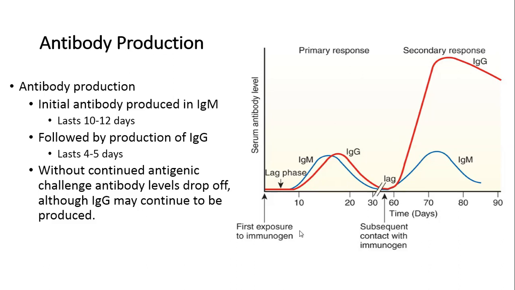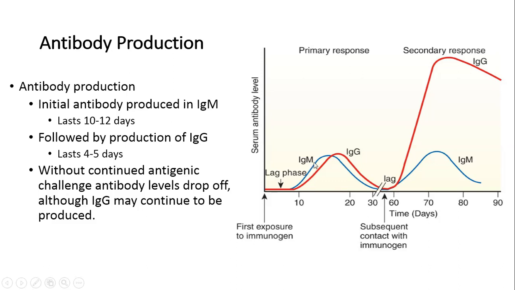At around the 7 to 8 day mark, we start to see levels of IgM in blue. IgM is the first one to respond, and you can see it's just shortly ahead of IgG in production. It's a few days ahead. So IgM, that not so specific but really potent pentamer, is produced first.